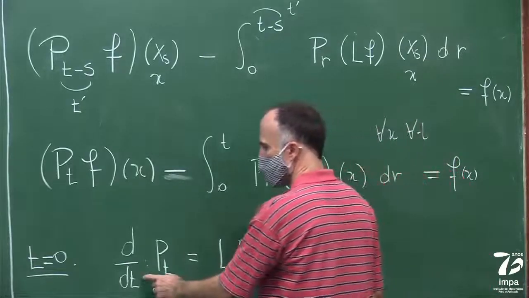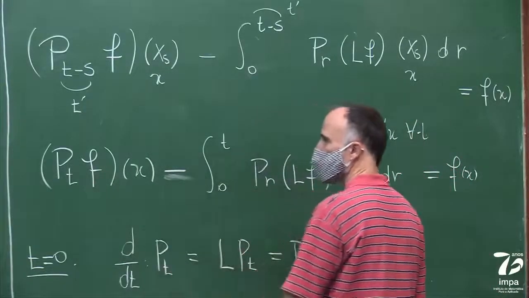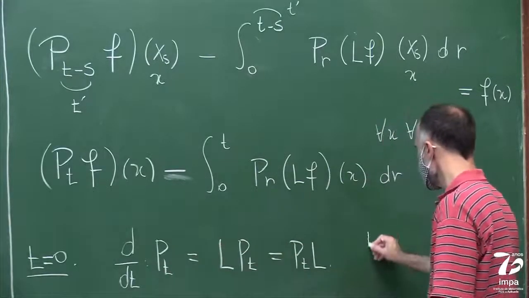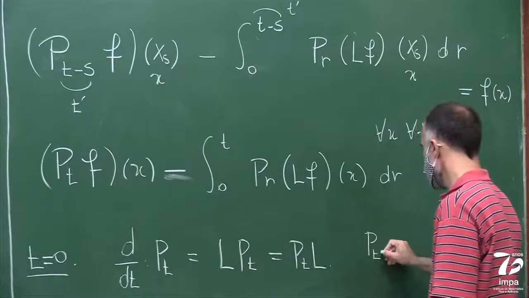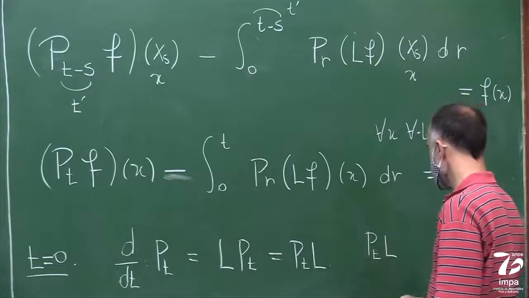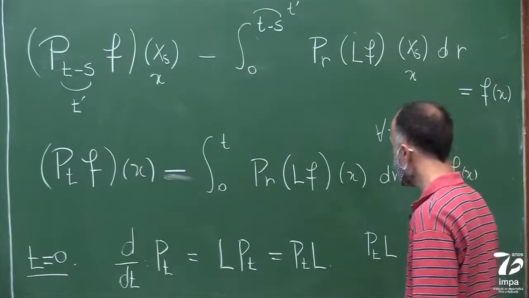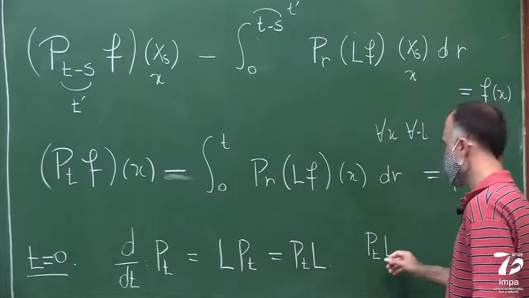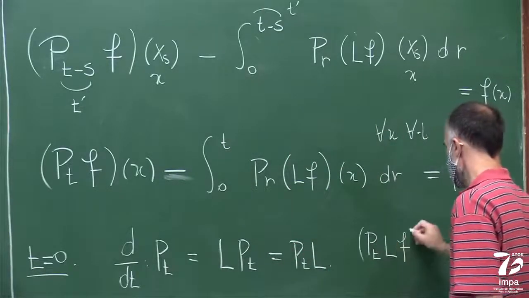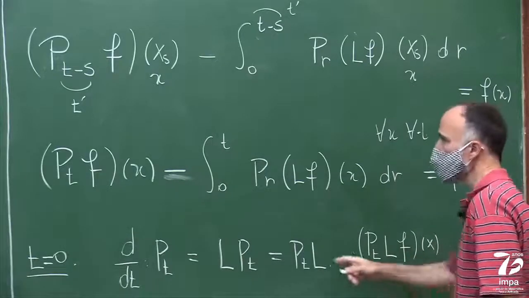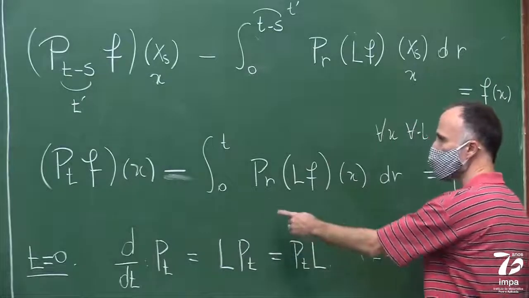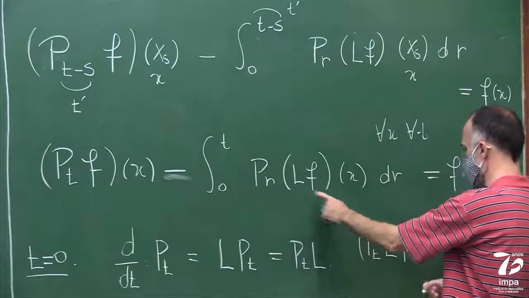So if I take the time derivative of P_t, I will get that the first term is P_t L of f at x. So this is the derivative of the first term, and if I take the derivative in t of the second term, what I get is also P_t Lf.